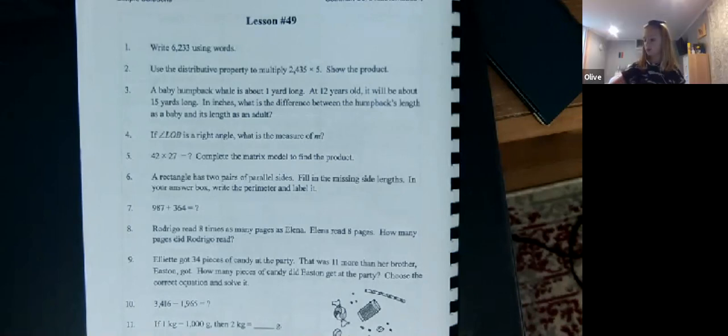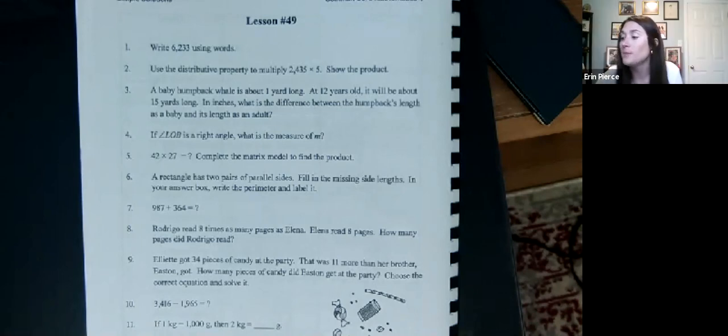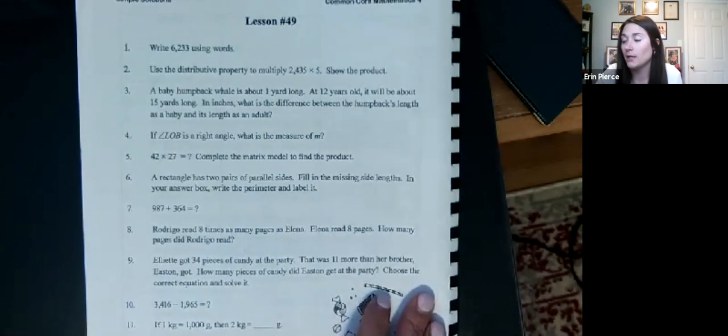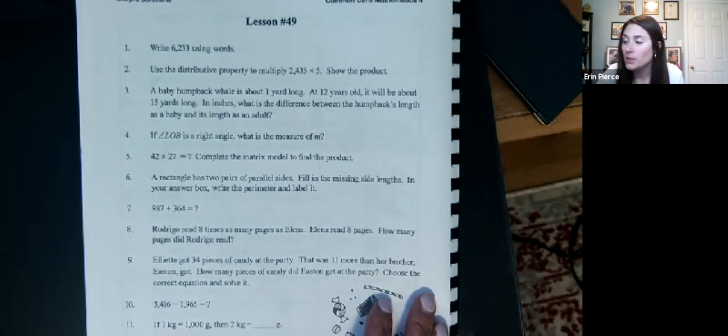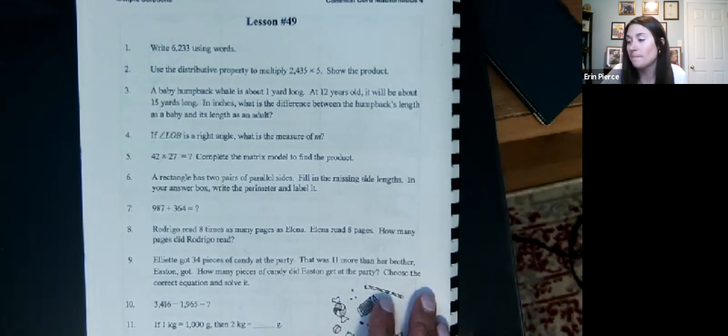So you said number 3, a baby humpback whale is about 1 yard long. At 12 years old, it will be almost 15 yards long. In inches, what is the difference between the humpback's length as a baby and its length as an adult? So it starts off as 1 yard long, and then we have 15 yards long.